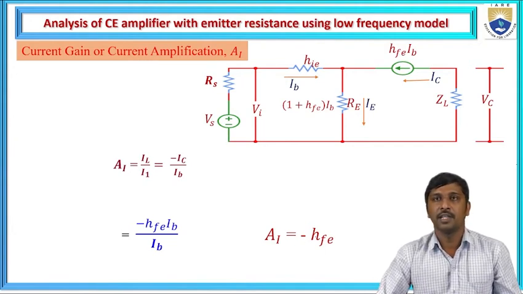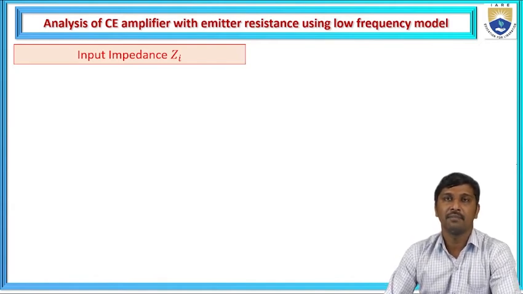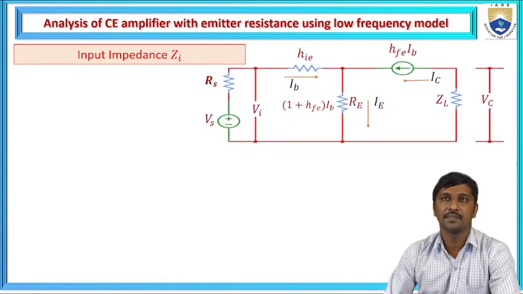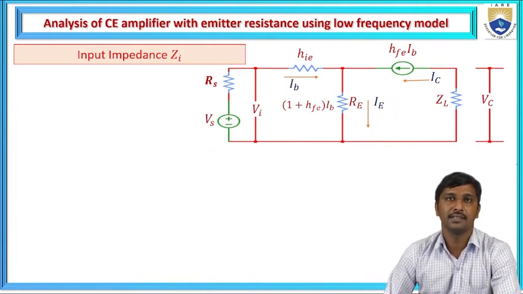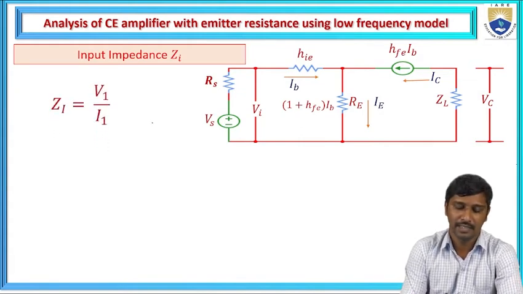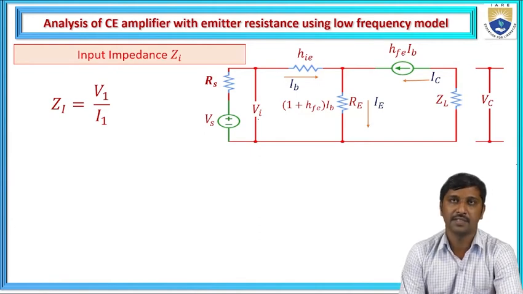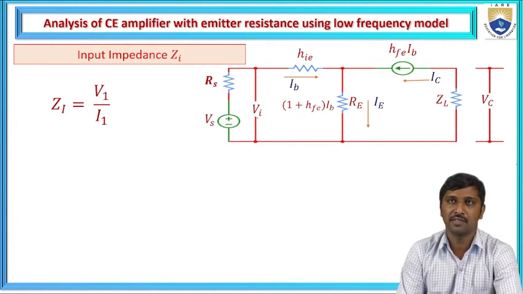Similarly, we need to calculate the input impedance for this common emitter amplifier with emitter resistance. We know that the input impedance is defined as the ratio of input voltage to the input current. Hence, the input voltage is represented as V1 and the input current is I1.